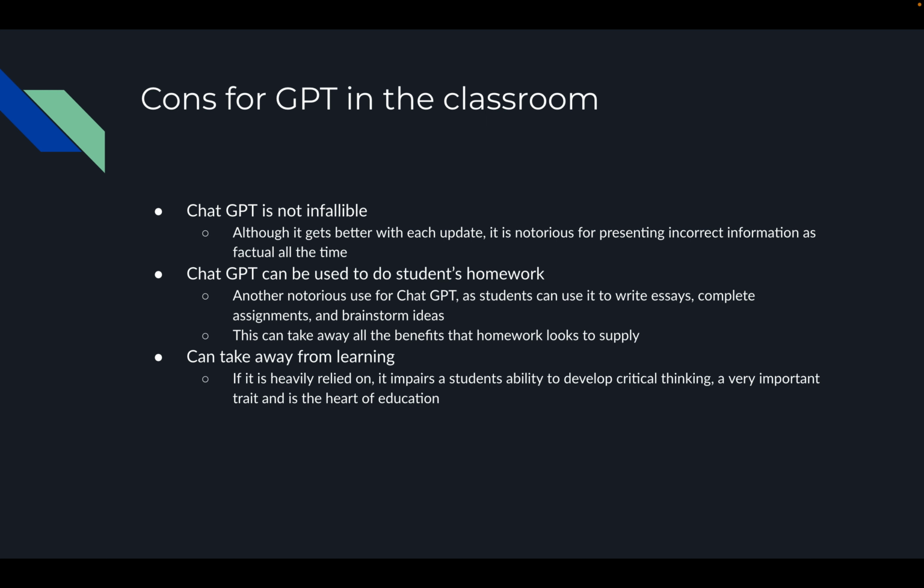And ChatGPT, a lot of its inputs do come from the internet. So it sometimes doesn't know the right thing, even if it has the best intentions, and even if it has a lot of information on the subject, sometimes it just might not be right. And it may completely show it to you as this is 100% factual, even if it's not. Although it does get better with each update.